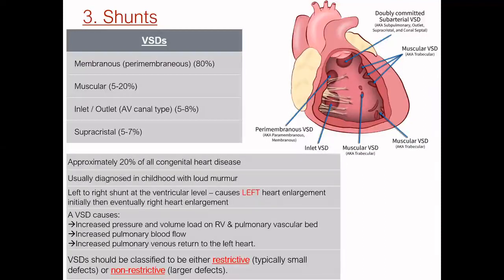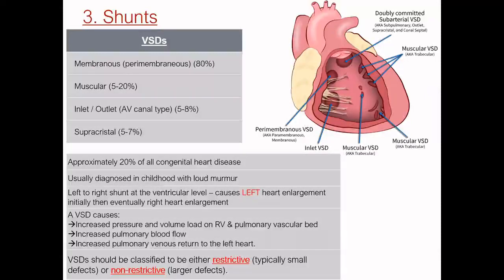These shunts cause left to right shunting at the ventricular level, and this causes left heart enlargement initially and then eventually right heart enlargement. And the reason is because the VSDs cause an increased pressure and volume load on the RV and pulmonary vascular bed. And this causes increased pulmonary blood flow and increased pulmonary return to the left side of the heart.